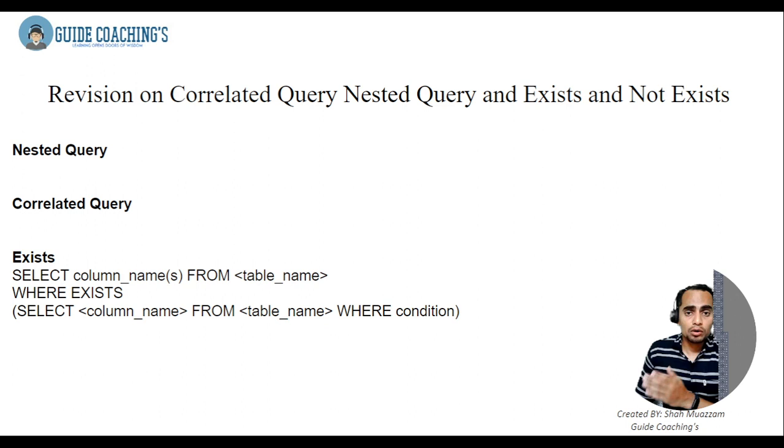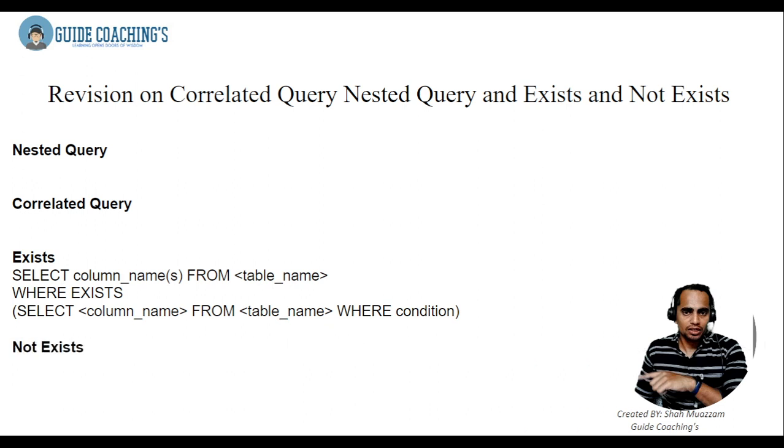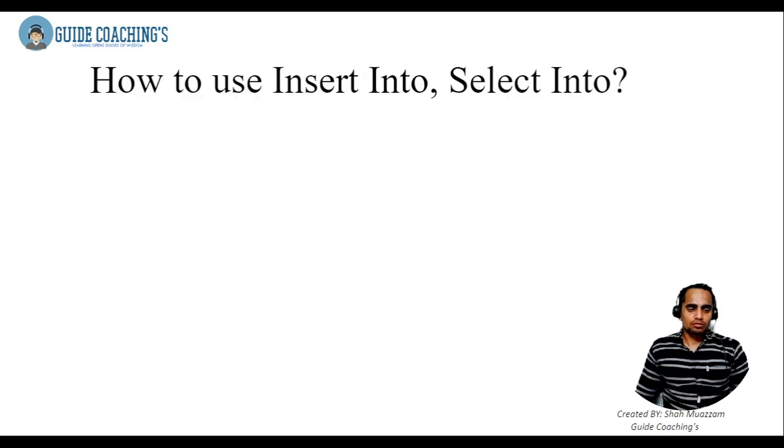The subquery will be executed first and then it will give the result. If it is true, then exists will be true, and we'll proceed with the main query. And if we write not exists, then if the record does not exist, it will give true. So exists will give true if the result is true, and not exists will give true if that record is not present. Okay, so that is the revision.